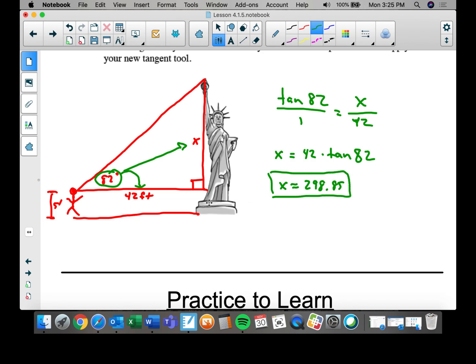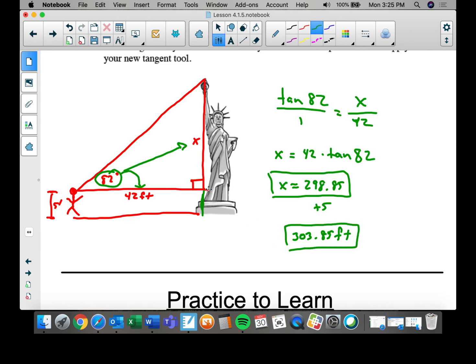Now, you might have been wondering why they told you that her eyes were 5 feet above the ground, because this distance from the tip of the torch down to her eye level is 298.85. We want to know all the way to the ground, so I have to add that 5 feet on to the end, which means my final answer is 303.85 feet is how high that torch is above the ground.